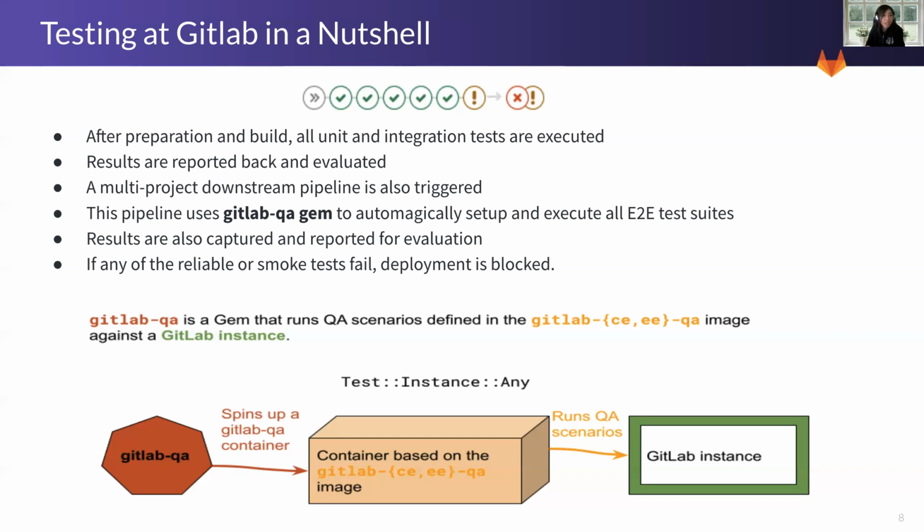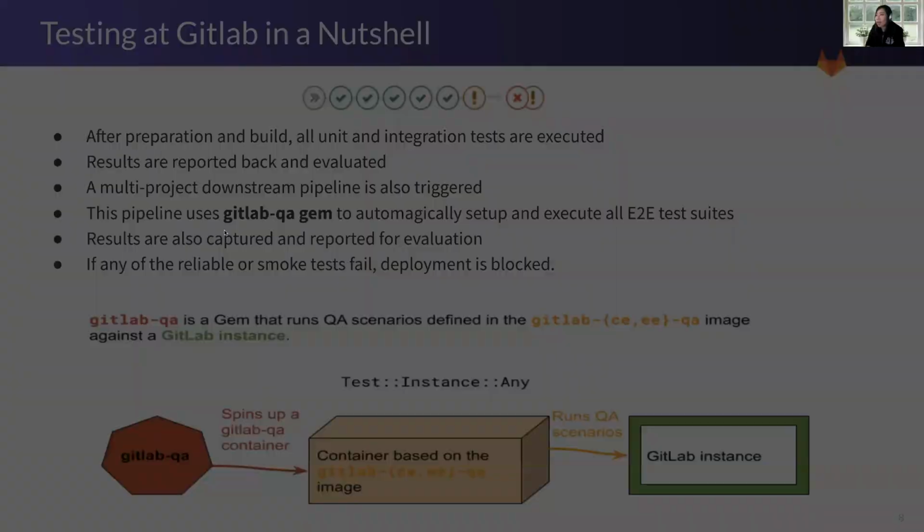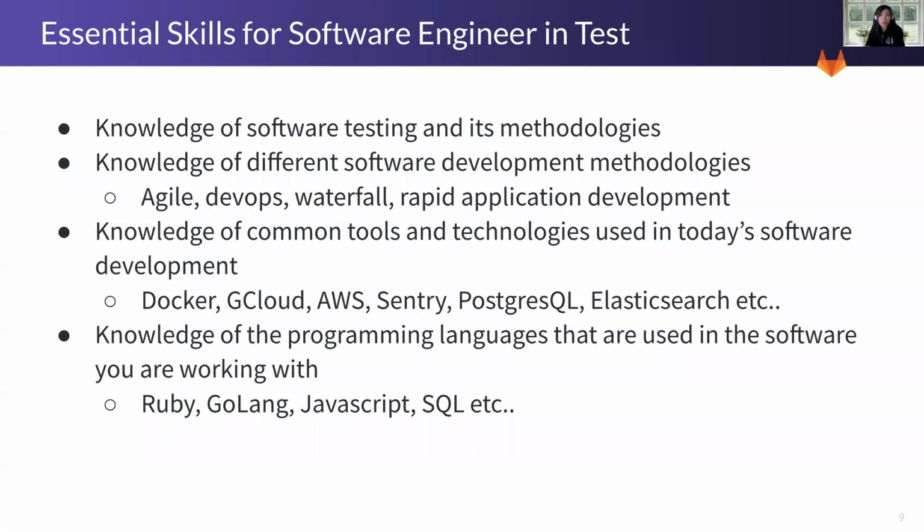And lastly, I would like to share with you some important skills in case you want to become a software engineer in test. Definitely learn and know about software testing and the methodologies used in software testing, like we have discussed here in this class, and also know about the different software development methodologies, like Agile, DevOps, Waterfall, Rapid Application Development.